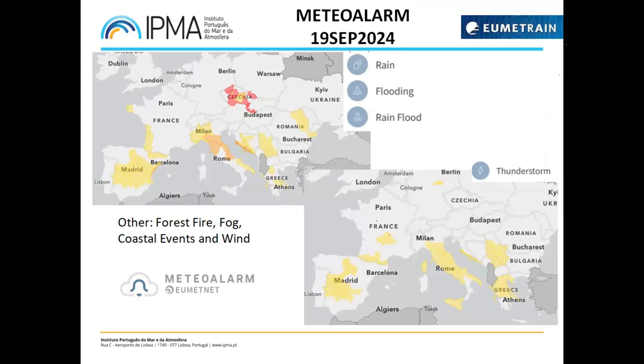We have these warnings for today: thunderstorms and rain and flooding, showing several places south of Europe under yellow and orange warnings. The red one is for flooding. So the main threat will be high rainfall amounts, mainly due to stationary storms or slow movement storms.